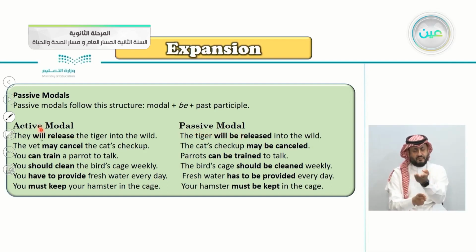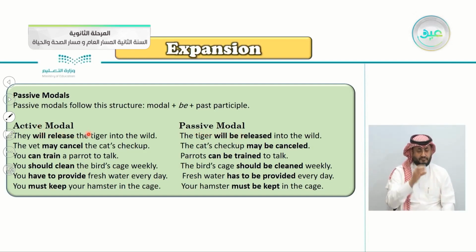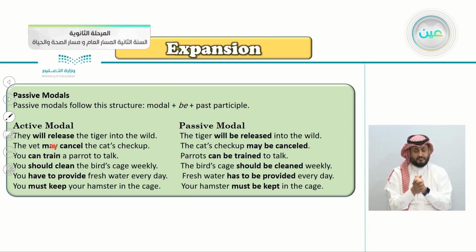So we begin with the object in the passive and we say will, this is the modal, be, and the past participle is released. Another example, may cancel: may, the modal, be cancelled, and so on.